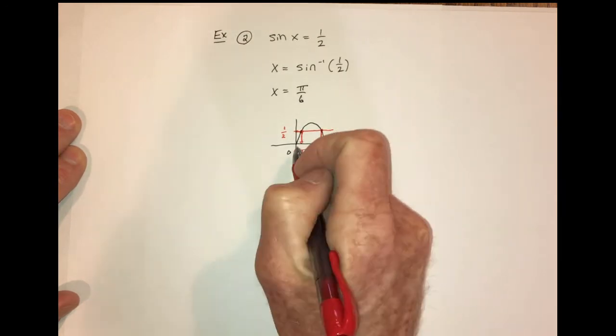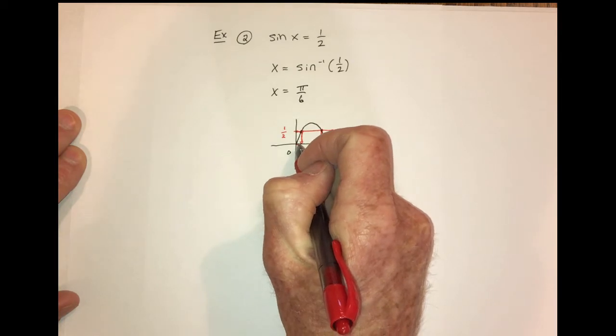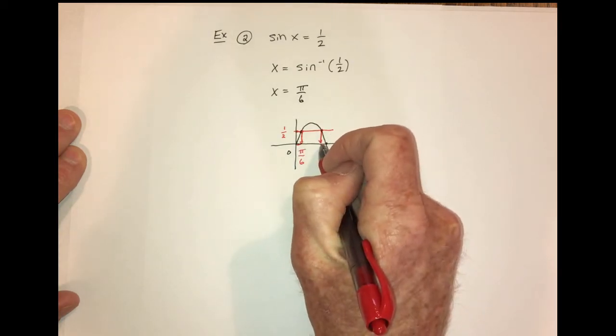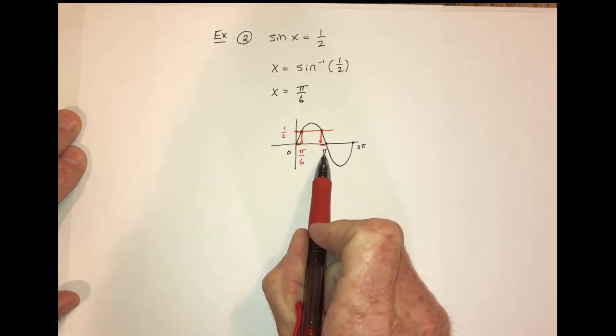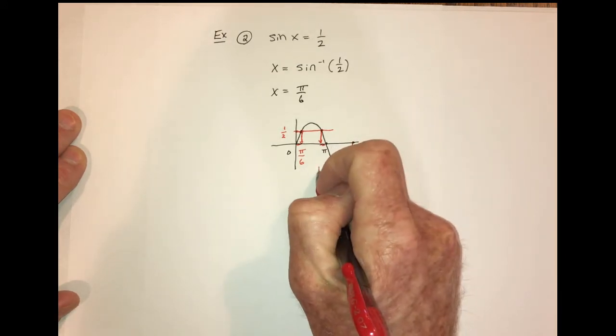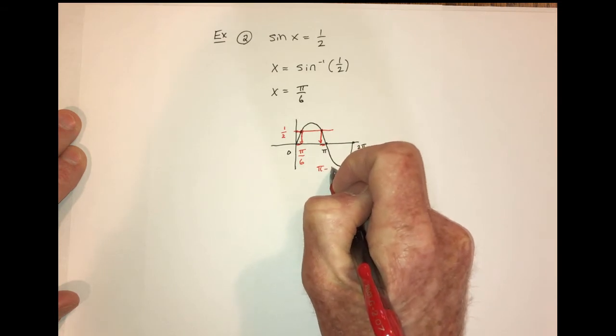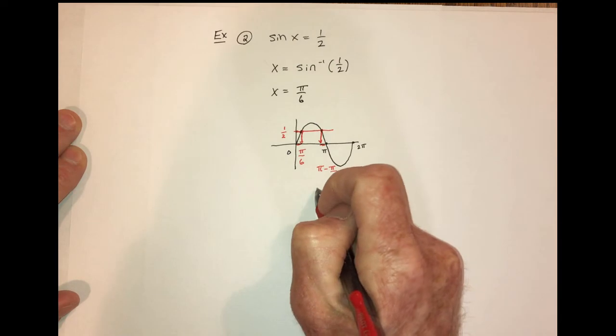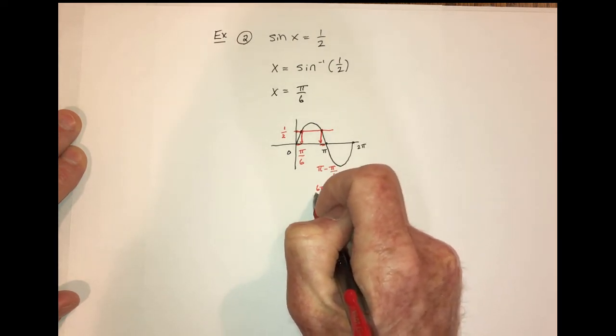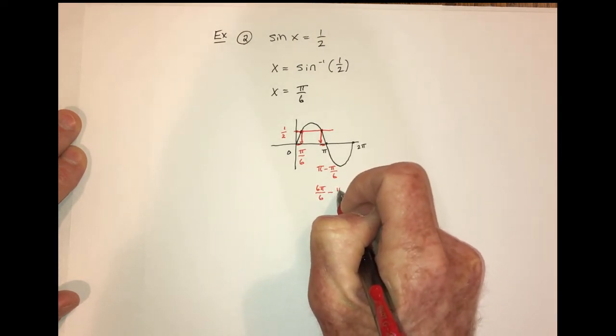And then use the same idea of symmetry. If this is a length of pi over 6, then this is a length of pi over 6. So this second answer is to the left of pi. That means it's going to be pi minus pi over 6. And then this will be 6 pi over 6 minus pi over 6.